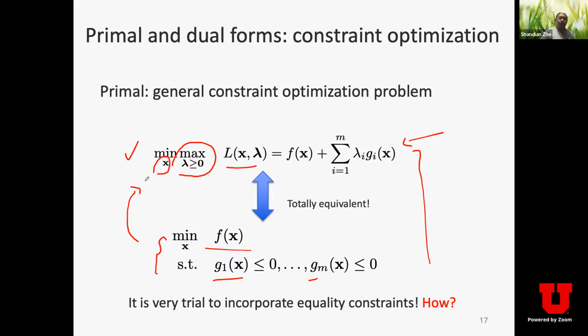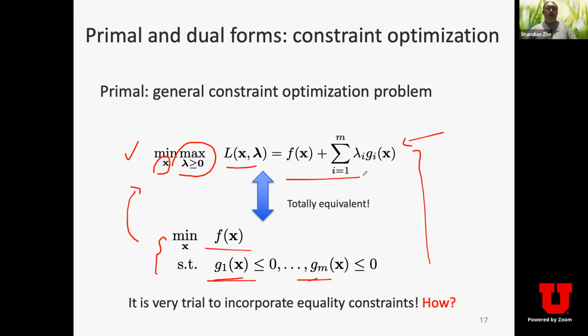So before we proceed, I want to mention that so far, we assume all these constraints are inequalities. It seems a little bit different from what we learned in calculus 1, where we only talk about equality constraints. Remember that in calculus 1, we solve problems with equality constraints. We construct the Lagrange function of the same form, and we just take the gradient of the Lagrange function, solve that, and then we address the problem.